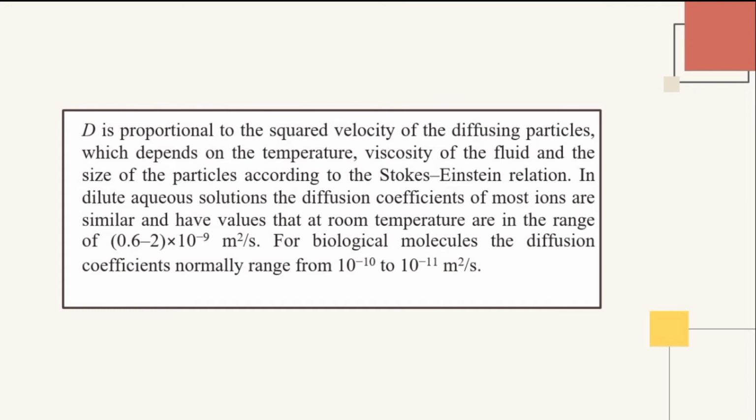In dilute aqueous solutions, the diffusion coefficients of most ions are similar and have values that at room temperature are in the range of 0.6 to 2 times 10 to the power of minus 9 meters squared per second. For biological molecules, the diffusion coefficients normally range from 10 to the negative 10 to 10 to the negative 11 meters squared per second.